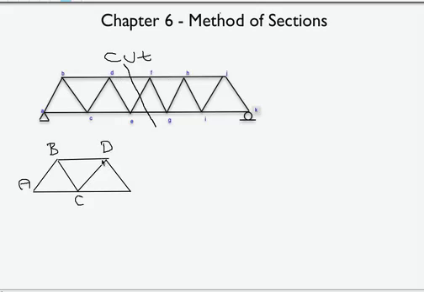Just like in the regular free body diagrams that we've done in chapter 3, anytime you cut through something, you have to replace it with a force that represents the action of that body. So in this case, we've got a force in DF, a force in EG, and of course a force in EF.